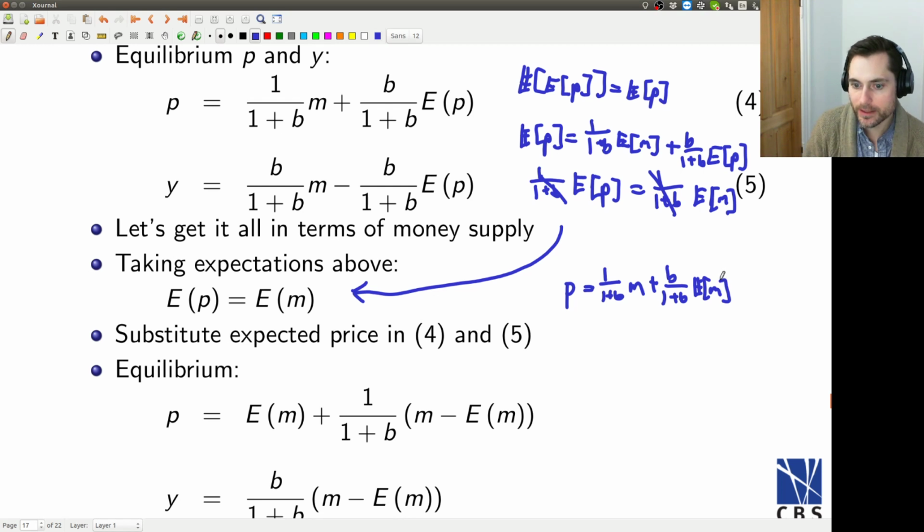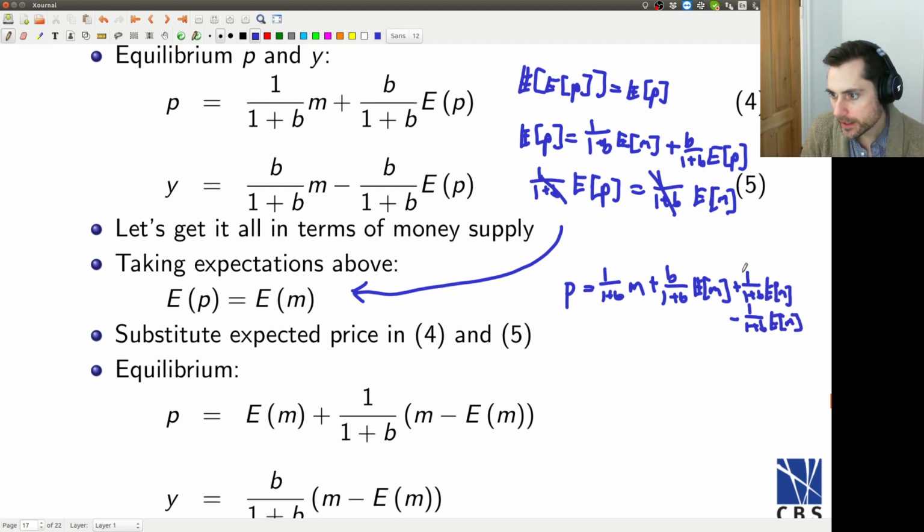And now I'm going to add and subtract 1 over 1 plus B times EM. So plus 1 over 1 plus B EM minus 1 over 1 plus B EM.